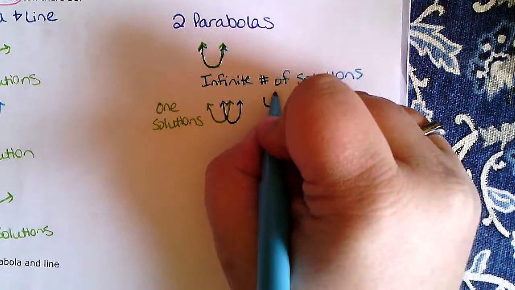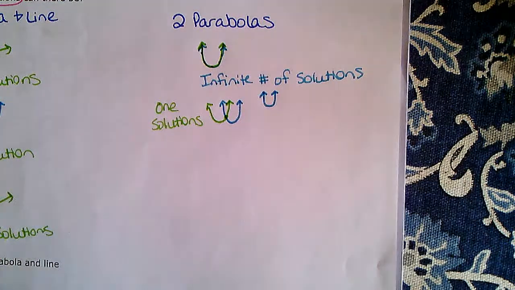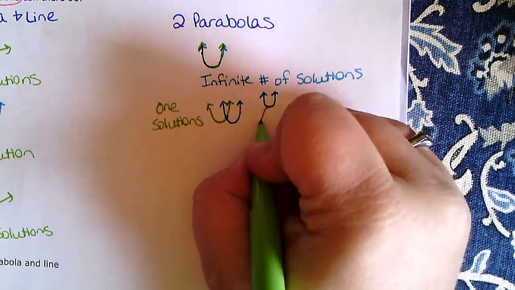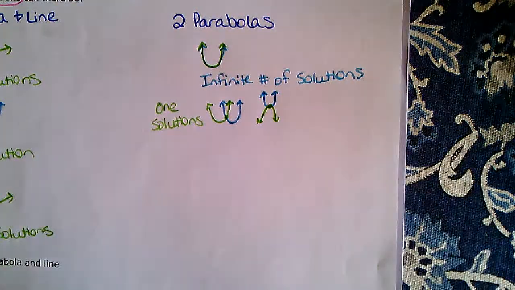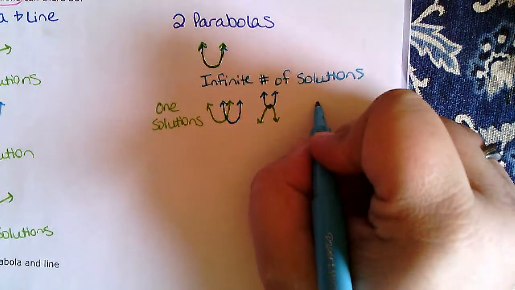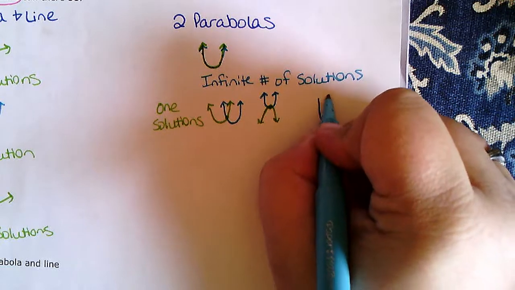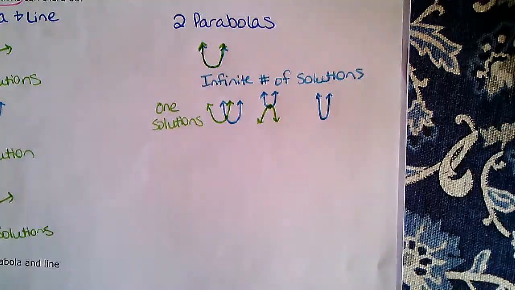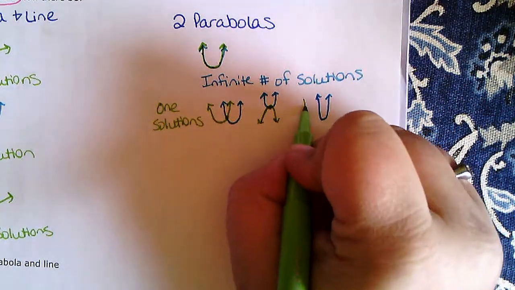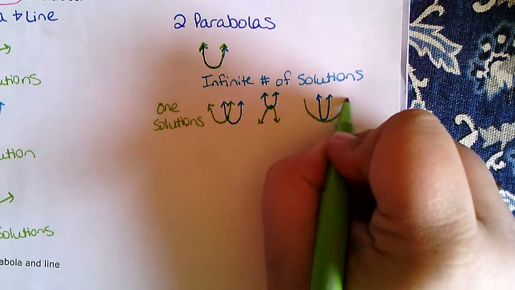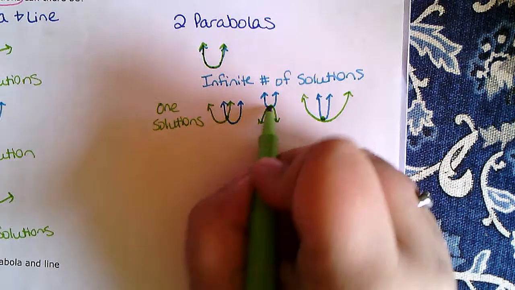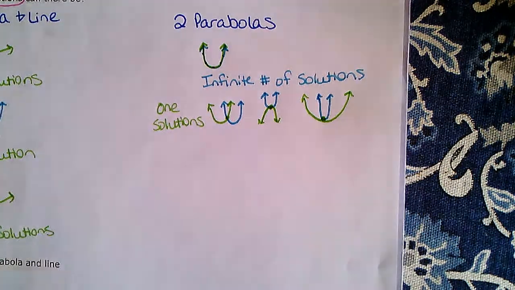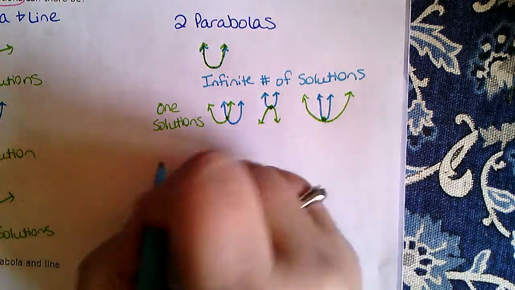You can have one that opens up and one that has a reflection over the x-axis, so they touch in just one spot. Or you can have one that has a vertical stretch, so it's tall and skinny, and one that is either normal or has a vertical compression, so it's wider, where they only meet in one spot. Any of these where they only meet in one spot are going to have one solution.